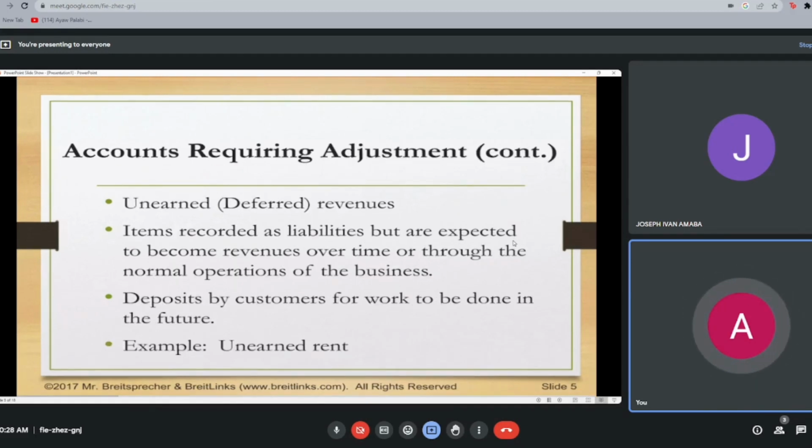Unearned or deferred revenues are items recorded as liabilities but expected to become revenues over time or through the normal operations of the business, such as deposits by customers for work to be done in the future. For example, unearned rent.